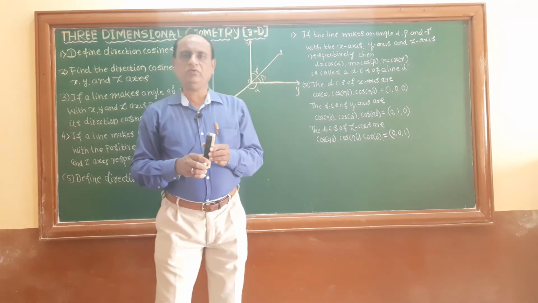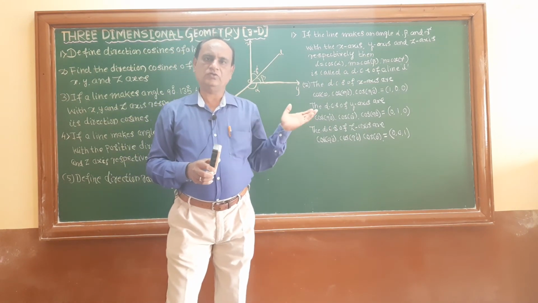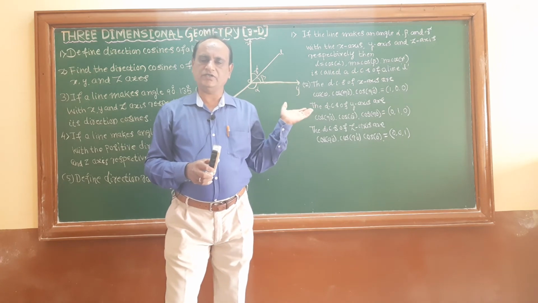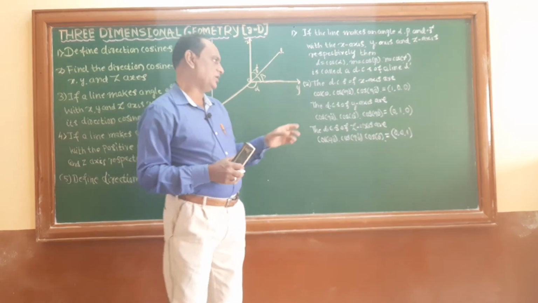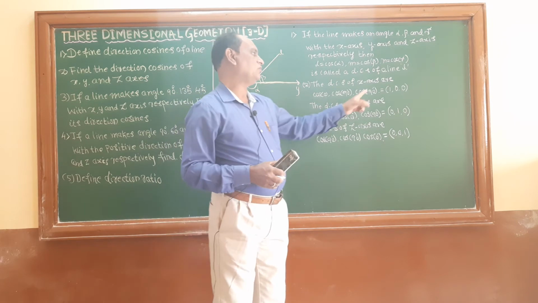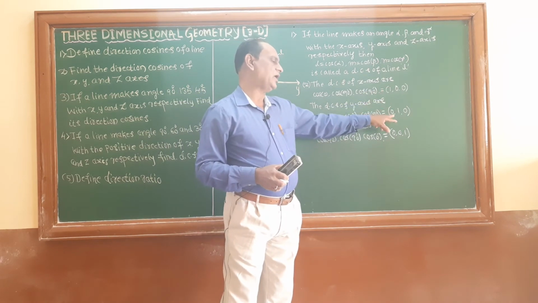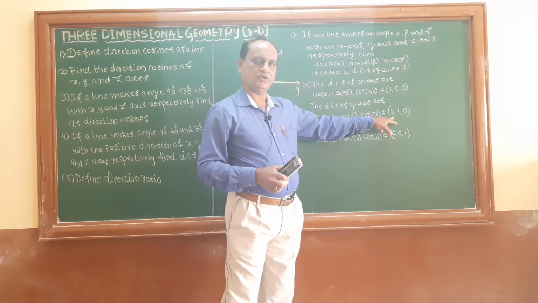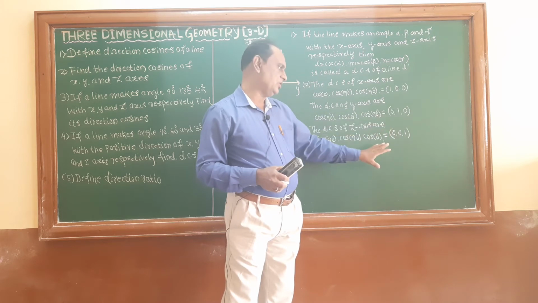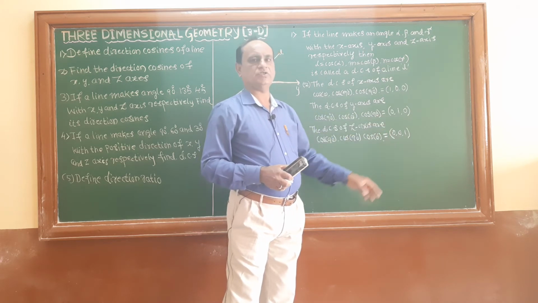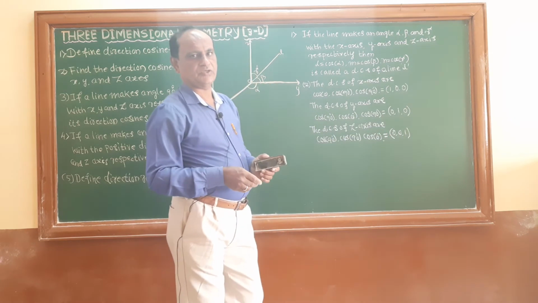In the 1 mark problems, find the direction cosines: x-axis is 1, 0, 0; y-axis is 0, 1, 0; z-axis is 0, 0, 1.